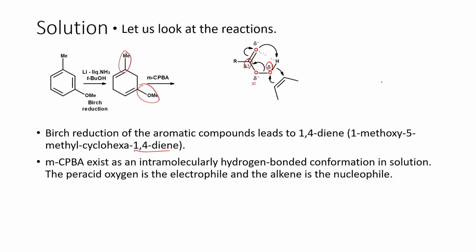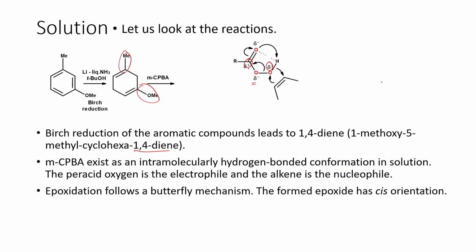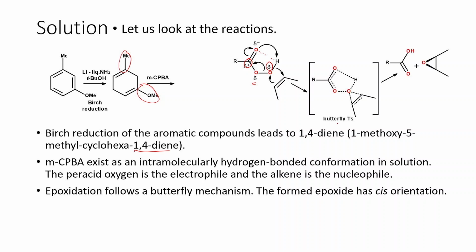Once the shift of bonds takes place as shown here, we have a transition state that looks like a butterfly, so people call it the butterfly transition state. It transfers the oxygen atom to the olefinic bond, giving the epoxide unit, and we end up with a carboxylic acid as a byproduct.